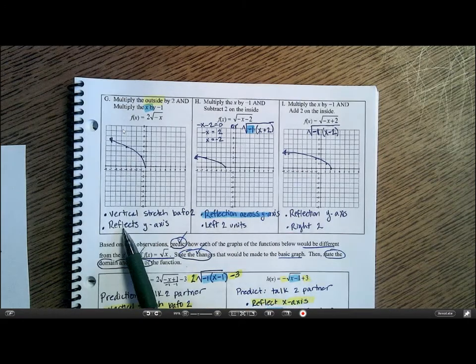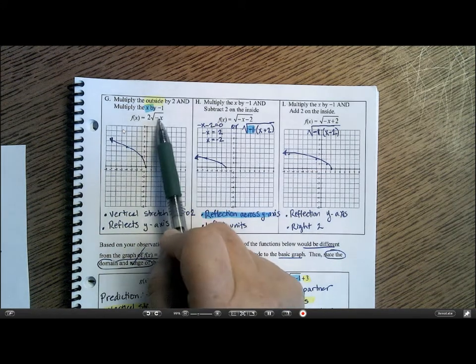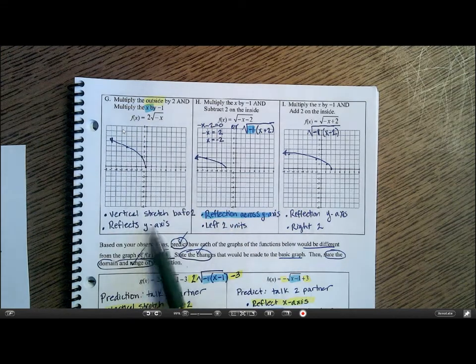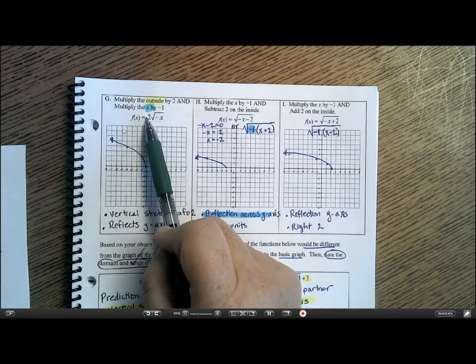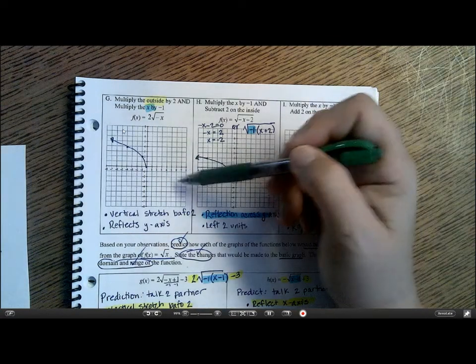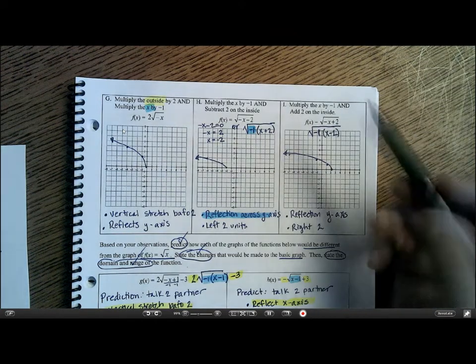And it's a reflection in the y-axis. So the negative affecting the x is going to be reflecting in the y-axis. And if you have a negative on the outside, it is going to be a reflection over the x-axis. Again, we'll do more problems with that later.